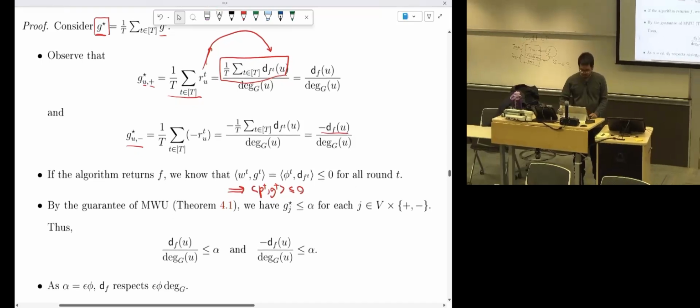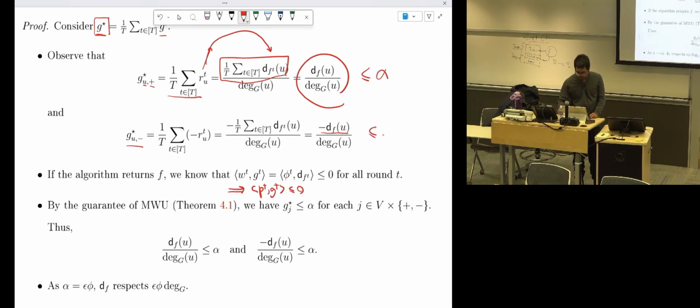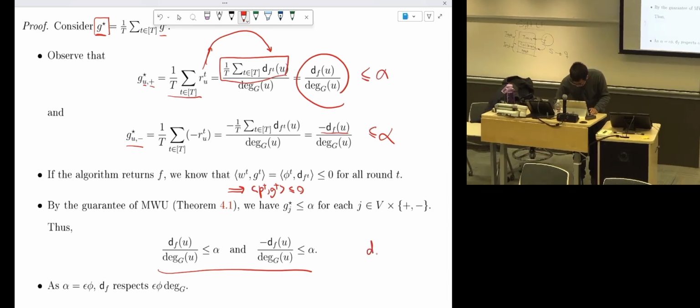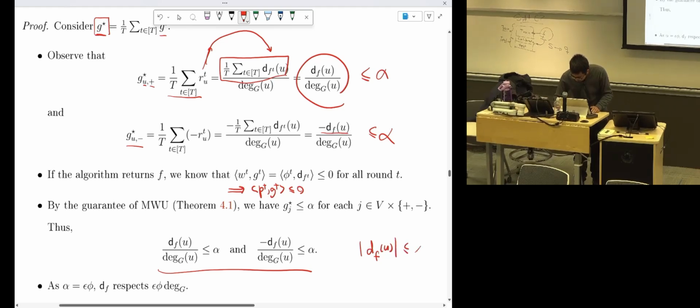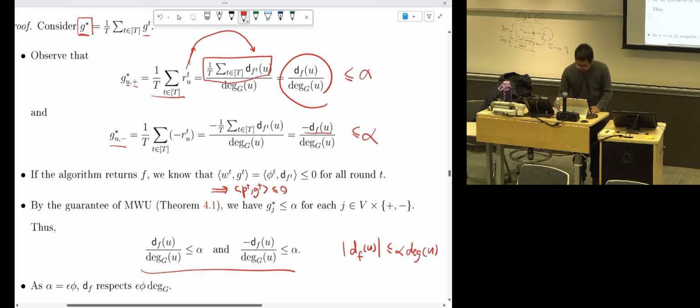So what does it mean? It means that this one is at most alpha. This one is at most alpha. So it just means that the F here is at most alpha times degree.